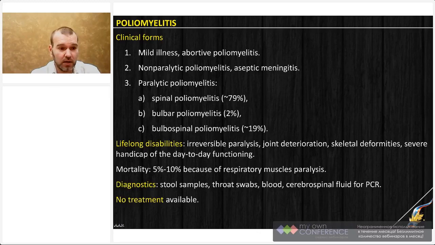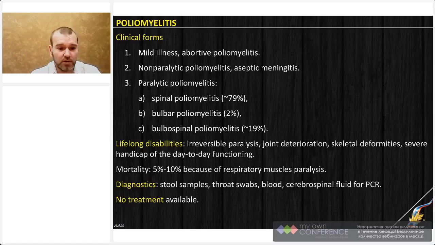So, of course, the first 2 forms of poliomyelitis are favorable in outcome, and usually kids will recover without any further consequences. The most dangerous type of poliomyelitis is paralytic, when serious lifelong consequences will be observed in those kids.